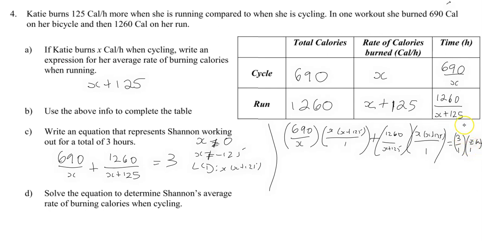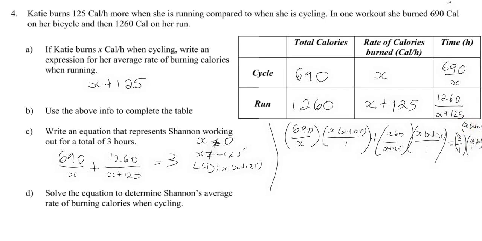Right. Now the X's take out X's, and X plus 125 takes out X plus 125. So the 3 goes with the X and the X plus 125.